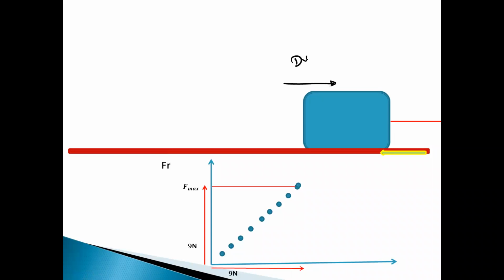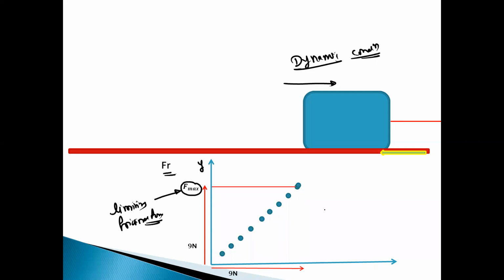This is called a dynamic condition. Up to this value, that is the limiting frictional force, which is F max, the object remains in the static condition. That is your static equilibrium. So this is called the limiting frictional force.